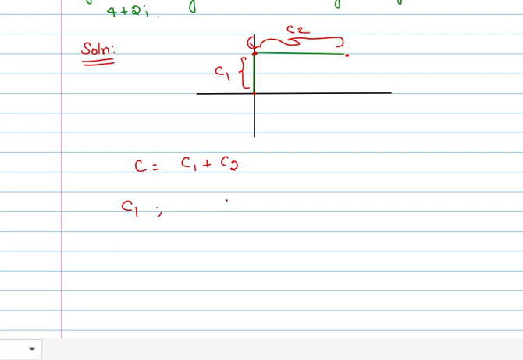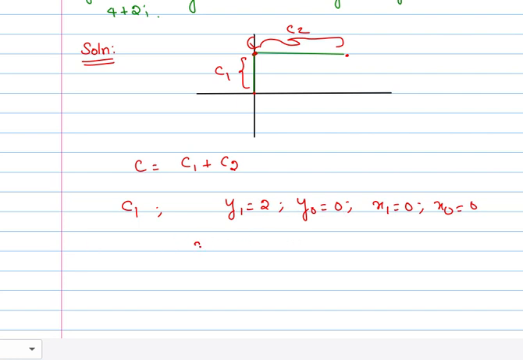Like our previous example, first I will find the parametric form for C1. For C1, y1 is 2, y0 is 0, x1 is 0, x0 also 0. This curve also passes through the origin. So y equal to mx plus c, with m infinite, meaning x is constant.